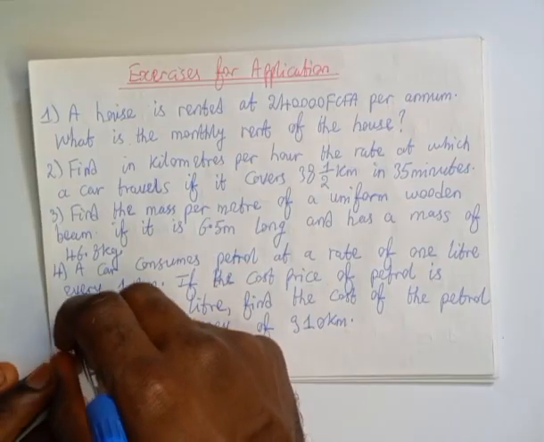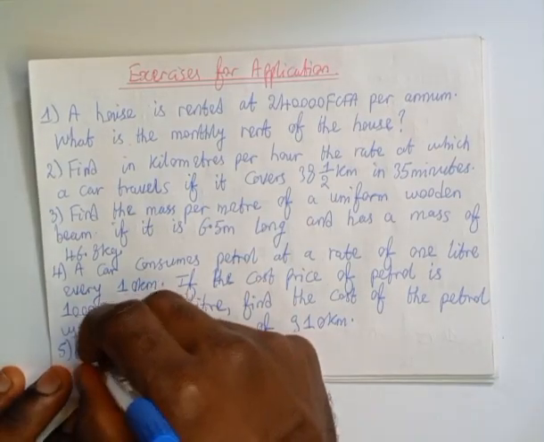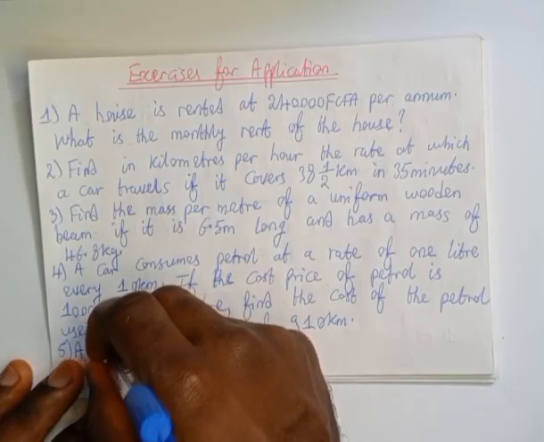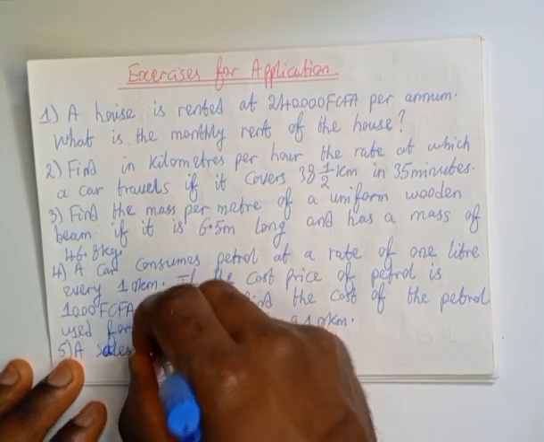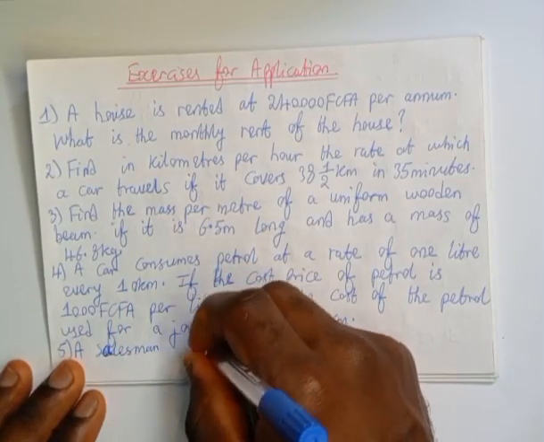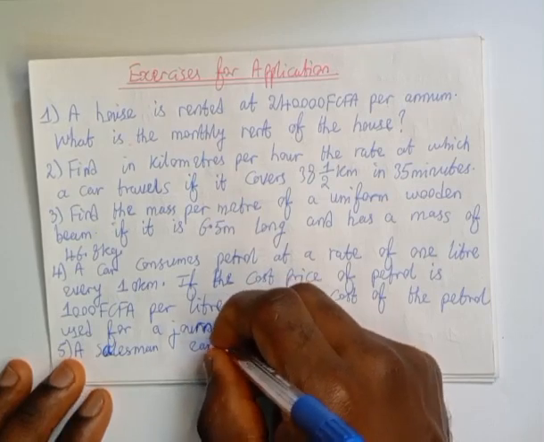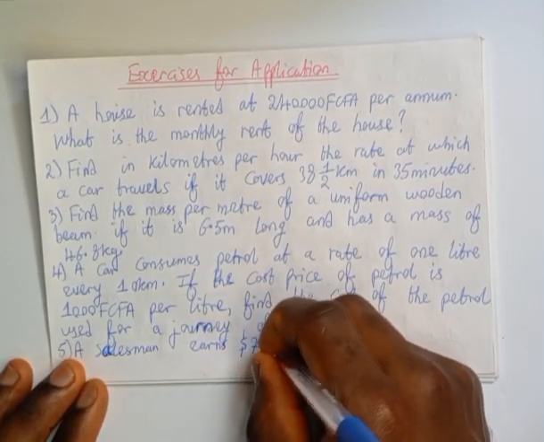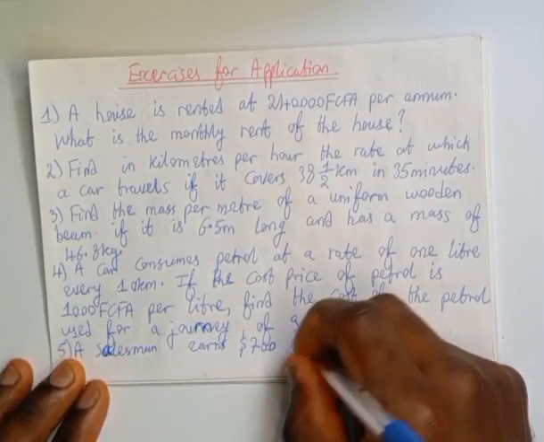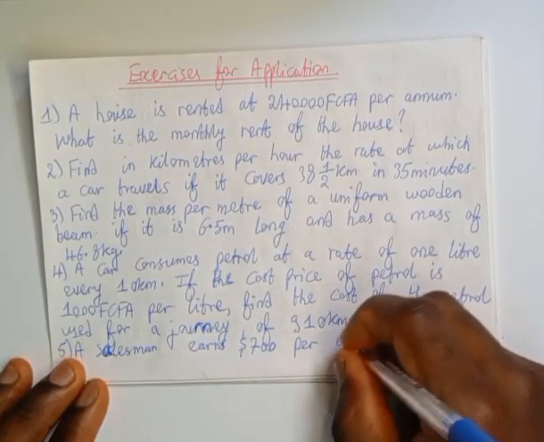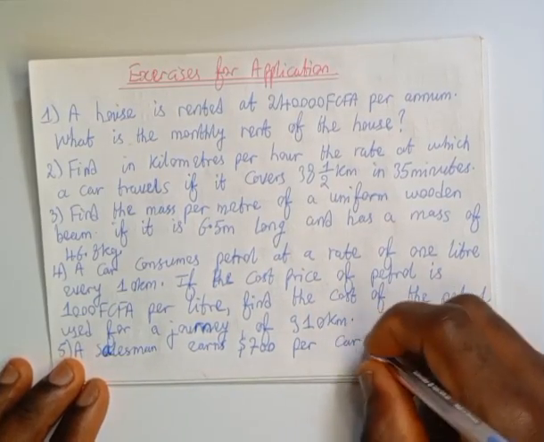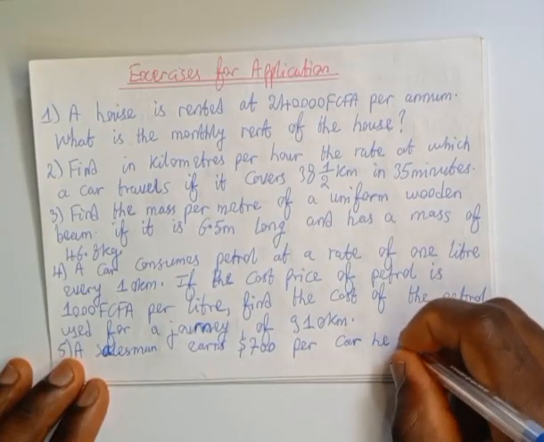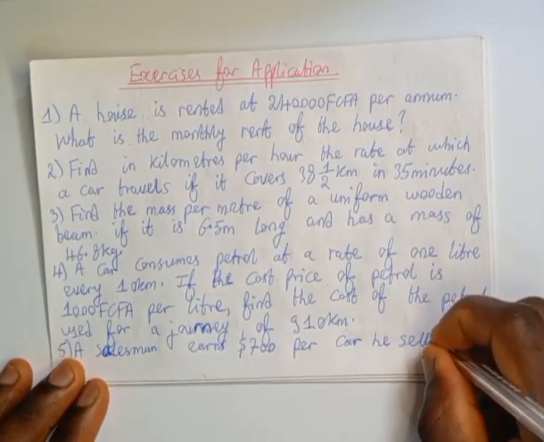Question 5. A salesman earns $700 per car he sells.